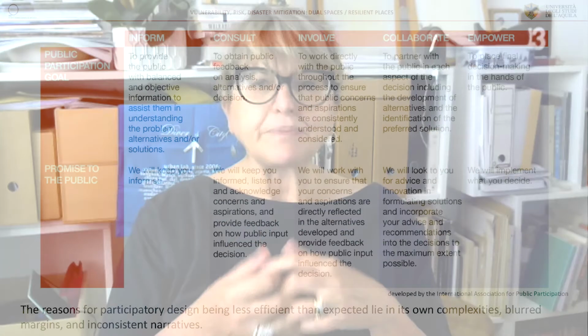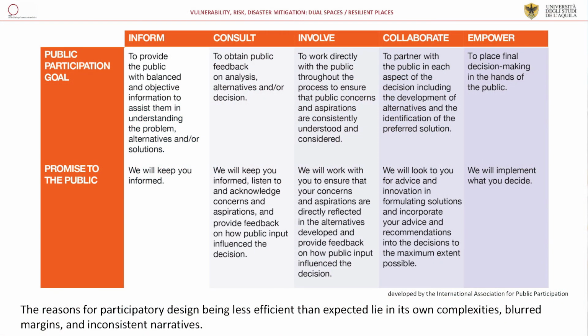This is why the first important thing is to identify the different grades of participation, and especially what is the goal and purpose that we, as planner, politician, decision maker or designer, are going to give as a main goal for our target. When we talk about participation, we can range from information to empowerment.